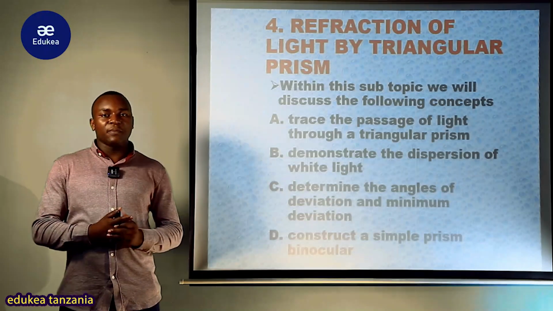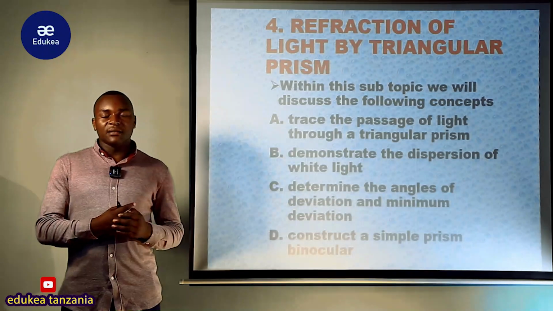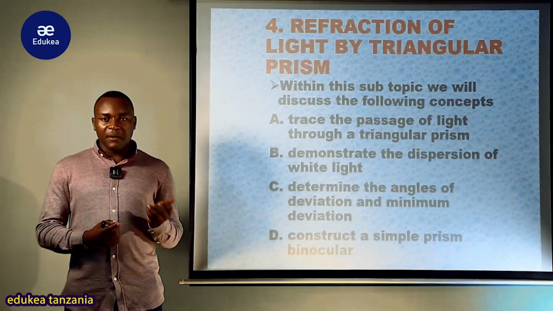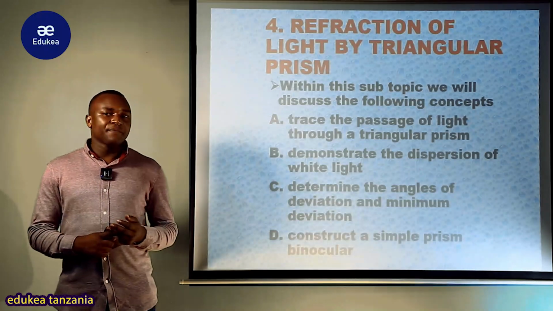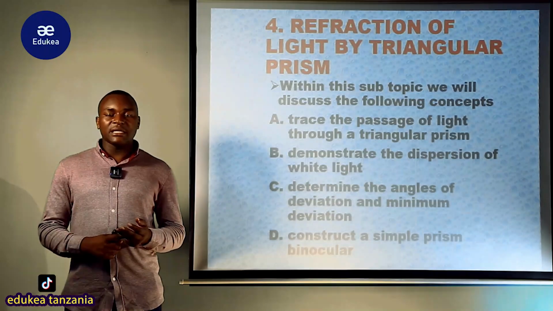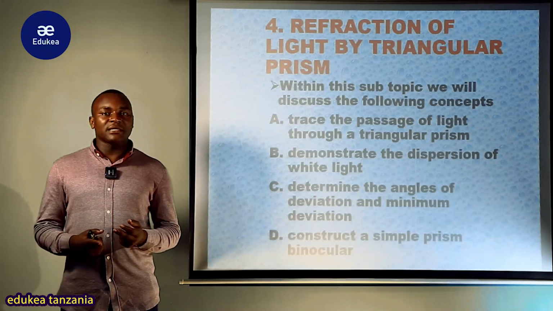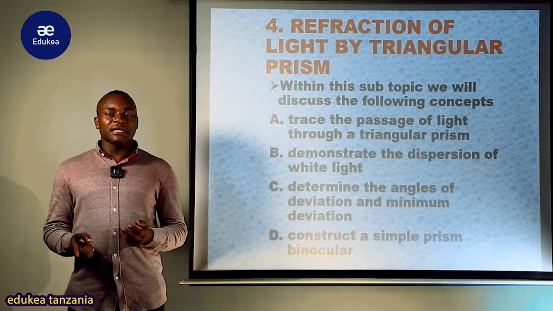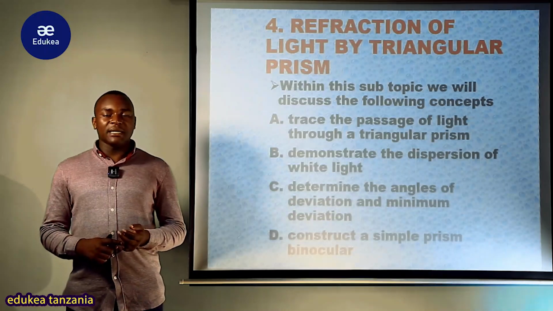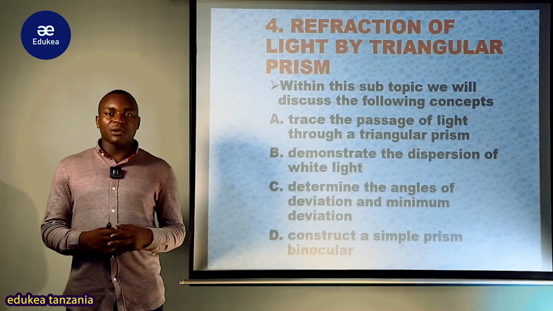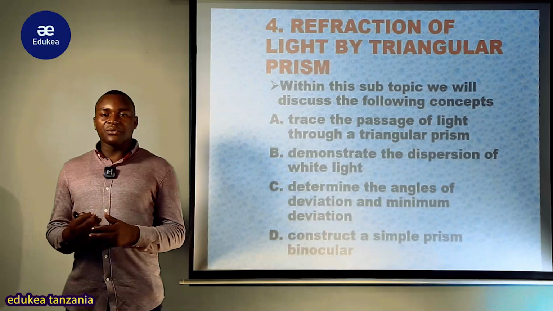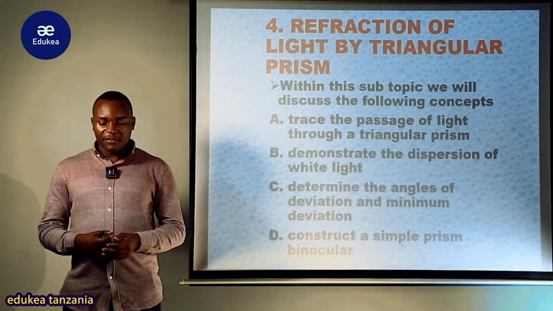Katika kipindi kilichopita tuliangalia the two kinds of light, ambapo tulisema kuna light which is monochromatic na which is polychromatic. Na tuliweza kuona what is monochromatic light and what is polychromatic light.